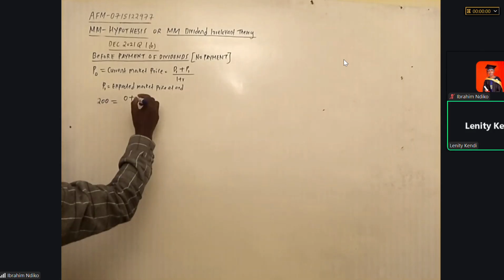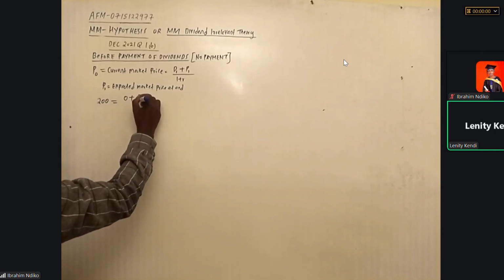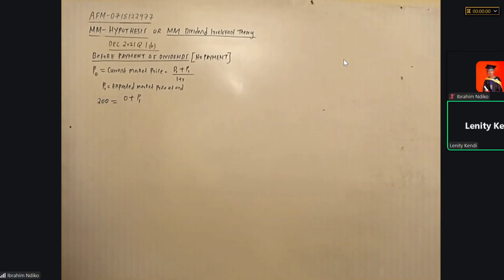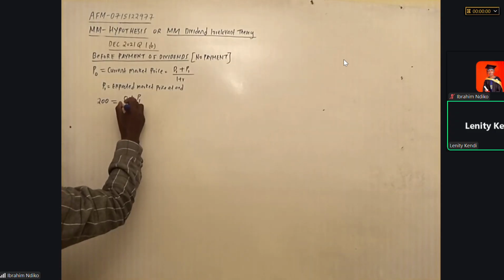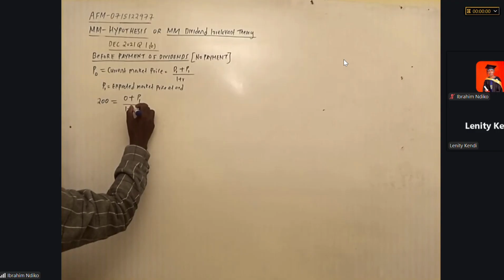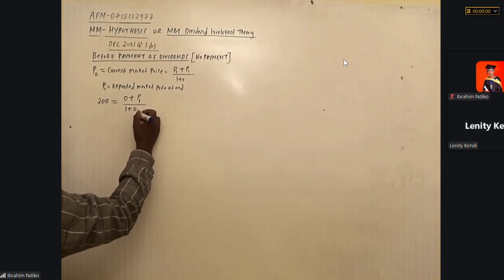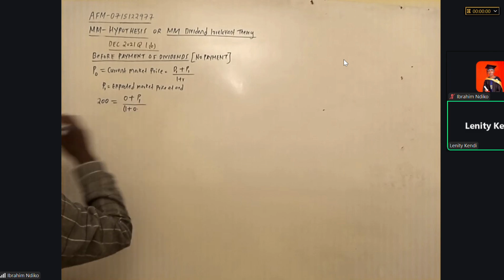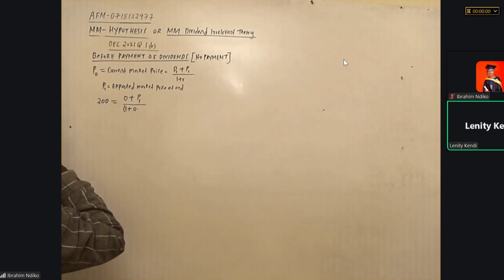P1 over (1 + R), where R is the cost of equity. I have a question. What is D1?